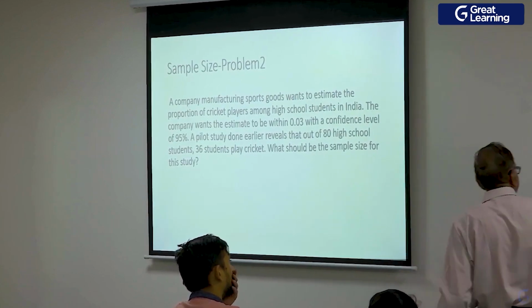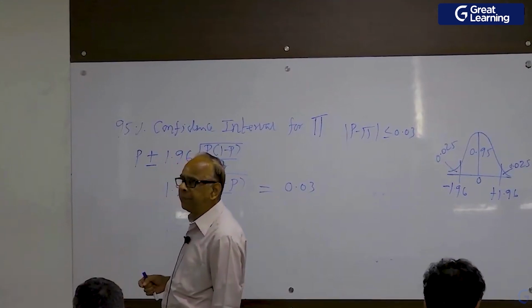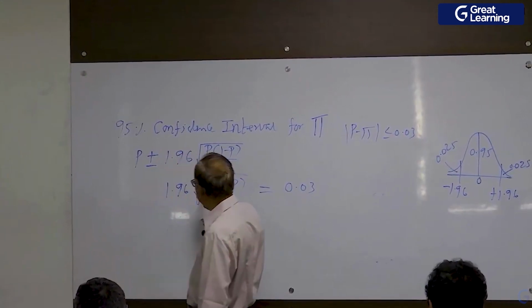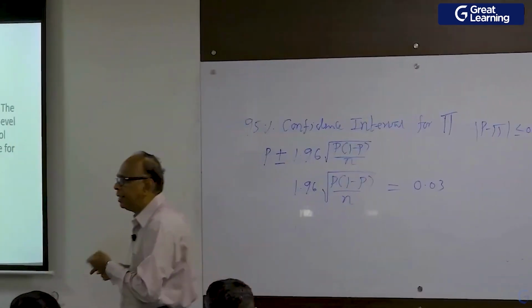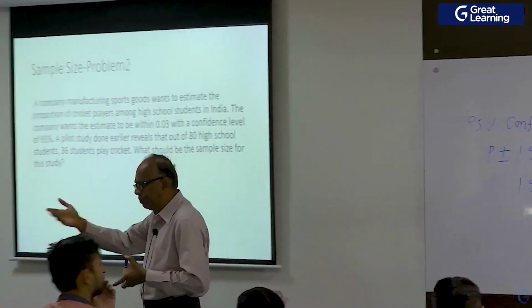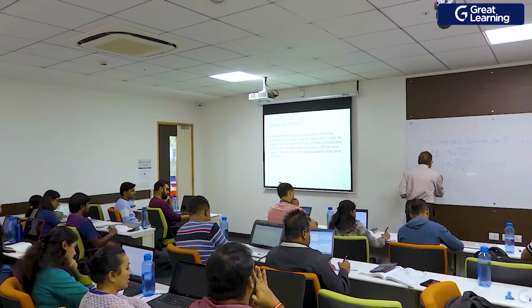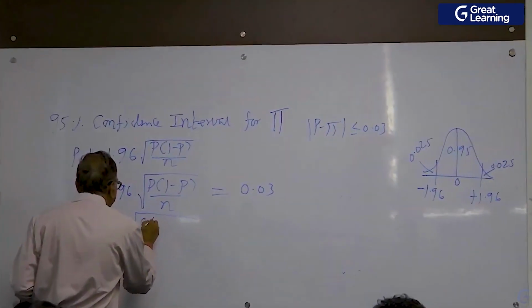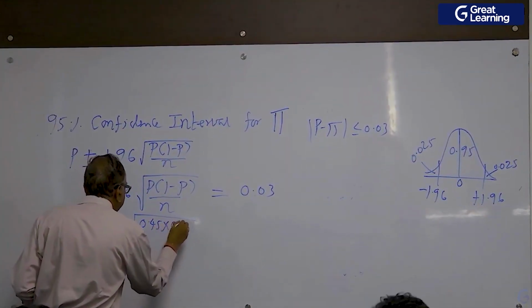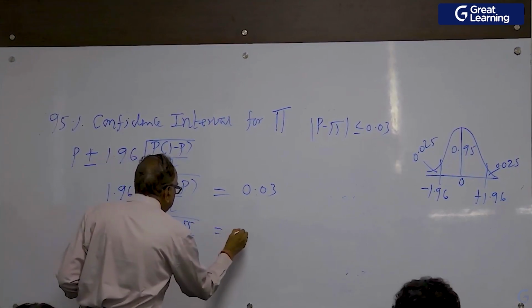So for the confidence interval, if I substitute, what is 36 by 80? 0.45. 0.45 into 1 minus 0.45, that is 0.55, divided by n. Solve for n. So I have to put here 1.96 under root 0.45 into 0.55 divided by n is equal to 0.03.